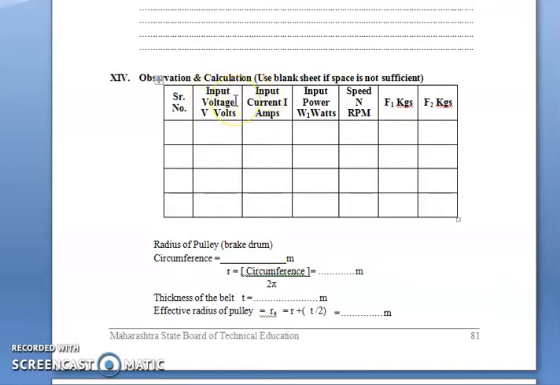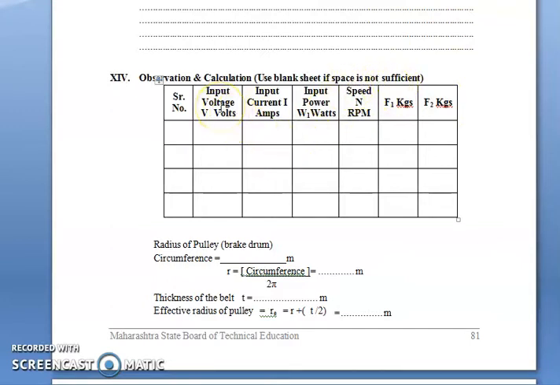For finding the efficiency as well as the different performance characteristics, we should measure the input voltage V using the voltmeter, input current I using the ammeter, input power W1, speed in RPM, and F1 and F2. These are the two spring pressures, or forces, we apply as mechanical loading.